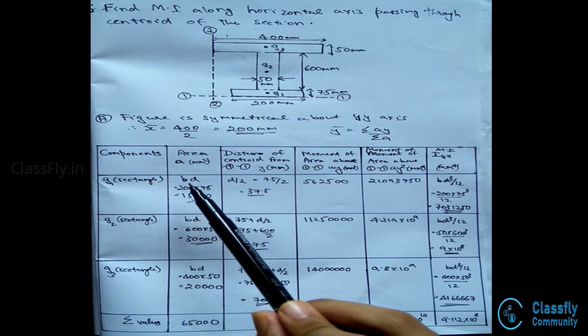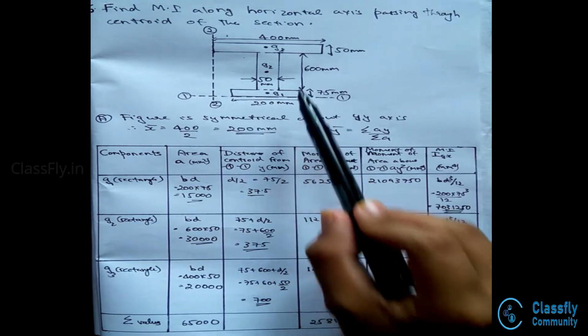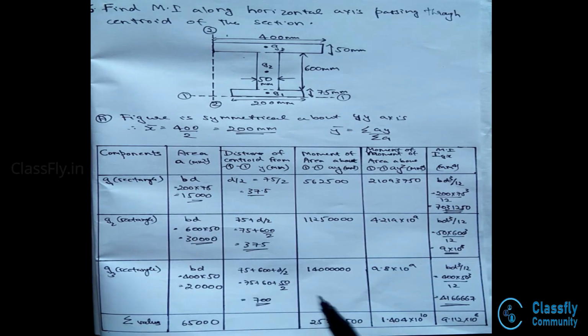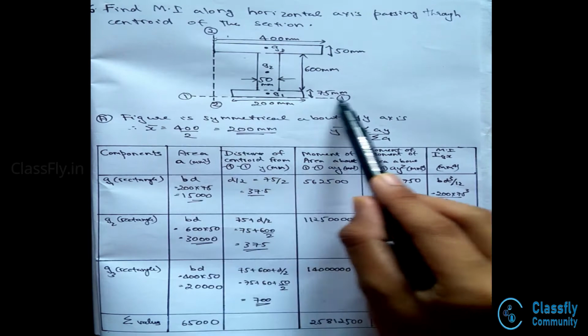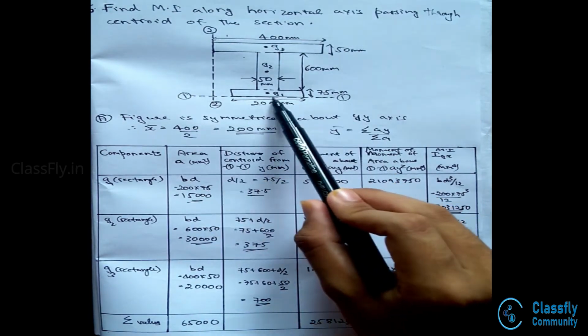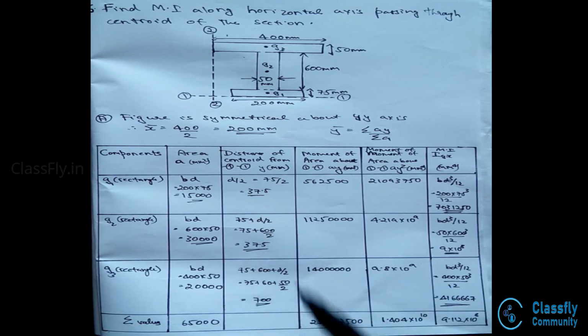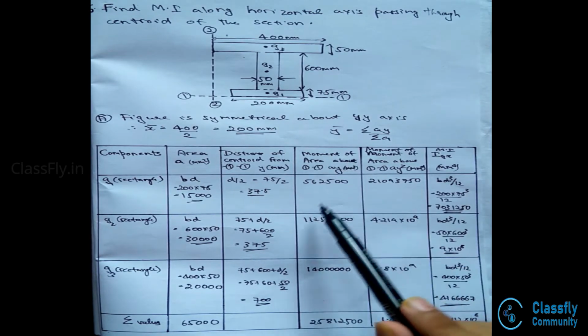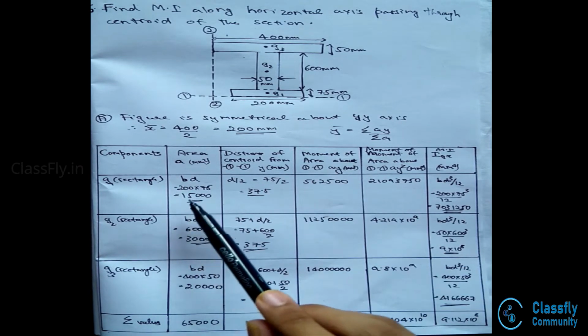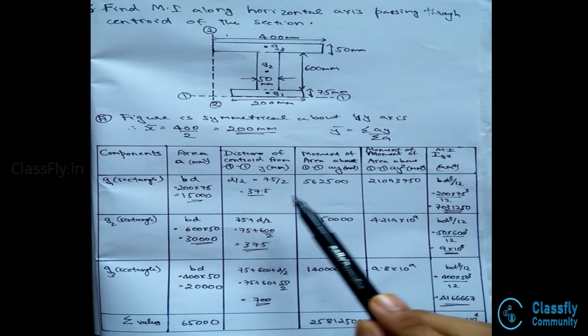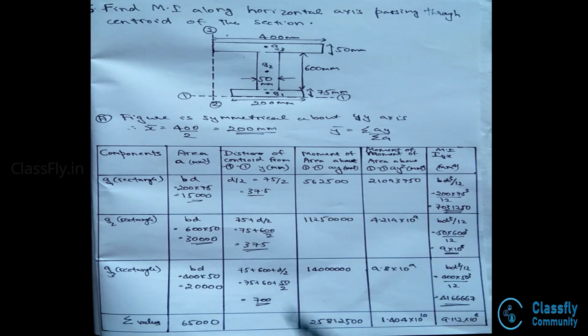Area is given by b into d, that is 200 into 75, which will be 15,000. The distance of the centroid from the 1-1 axis is nothing but given by d by 2, that is 75 by 2, which will be 37.5. The moment of area, that is ay, is nothing but 15,000 into 37.5, which will be 562500.